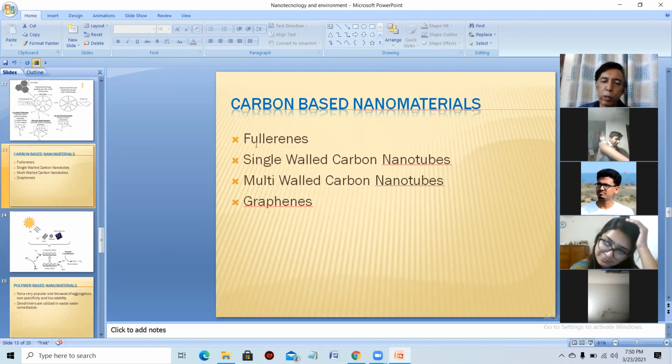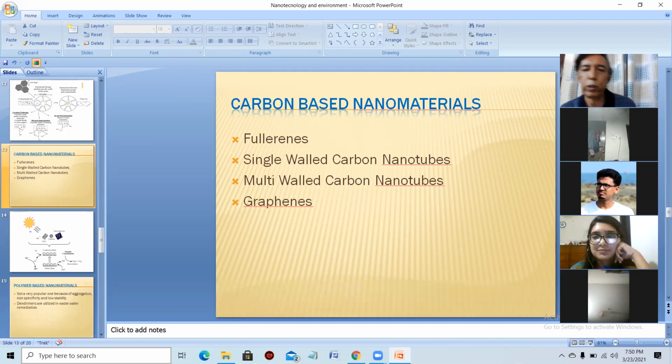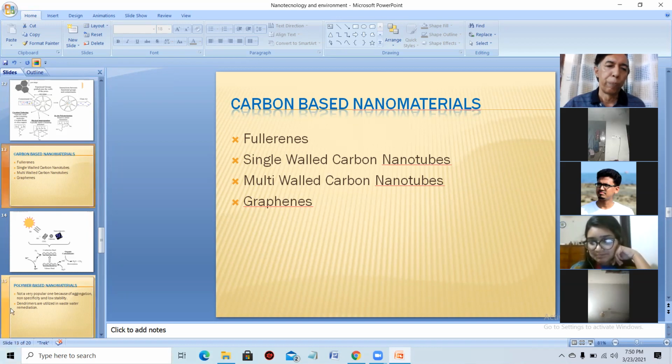You all know about this. Fullerenes, you know what C60 fullerenes are, football-shaped carbon nanomaterials. You know what single-wall nanotubes, multi-wall nanotubes, and graphene are, everything you know.